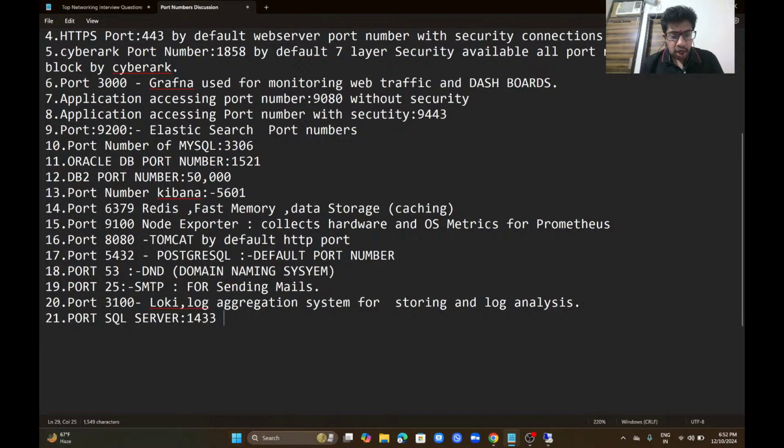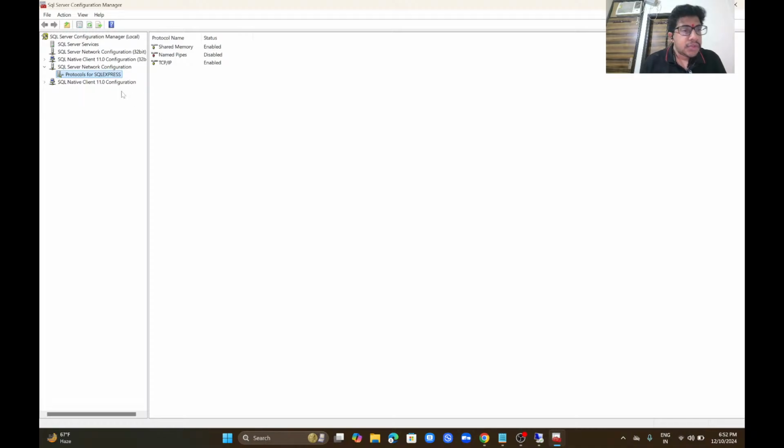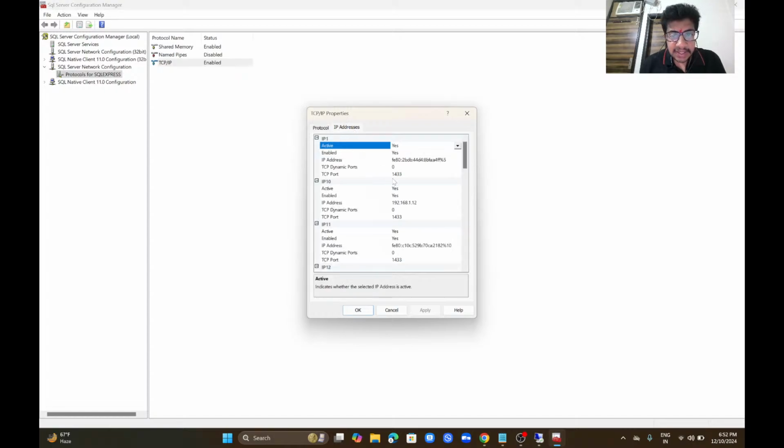I will show you a small demo for SQL Server. This is my SQL Server Configuration, run as administrator, and go to TCP/IP protocols and go to IP addresses. 1433 is the port number.